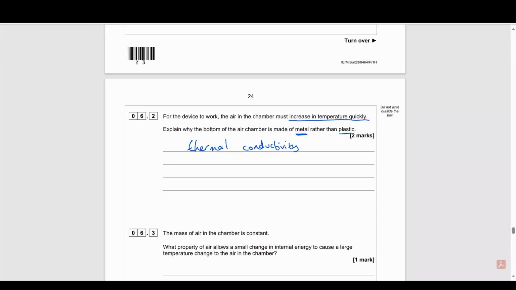So we would expect the metal to have a greater thermal conductivity than the plastic. That's why you use metal pans when you're cooking instead of plastic pans. So what can we say about the thermal conductivity? It's going to be higher for the metal. So the further explanation is that the rate, because remember it's about quickness now, the rate of this thermal energy transfer is going to be greater.